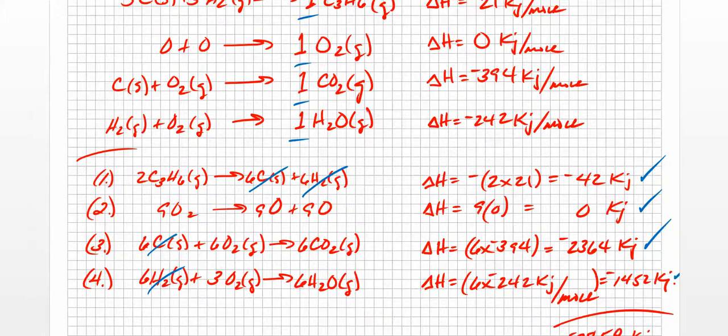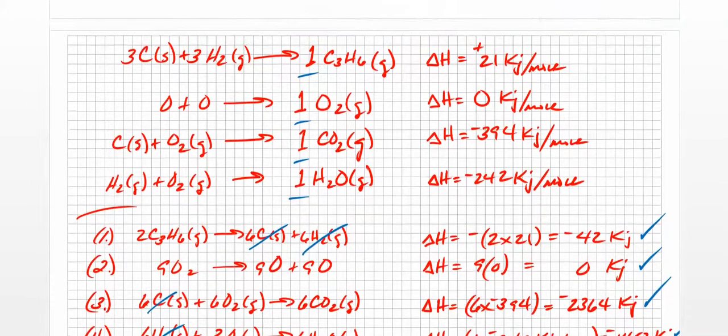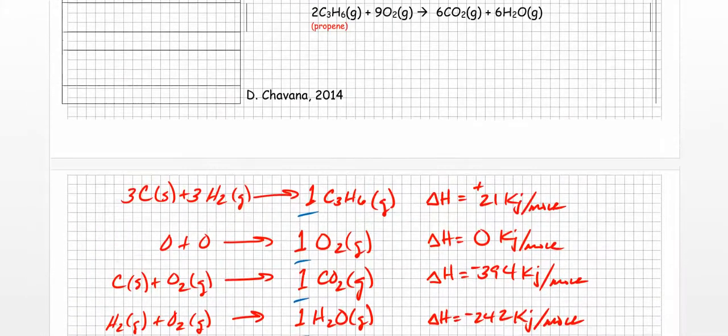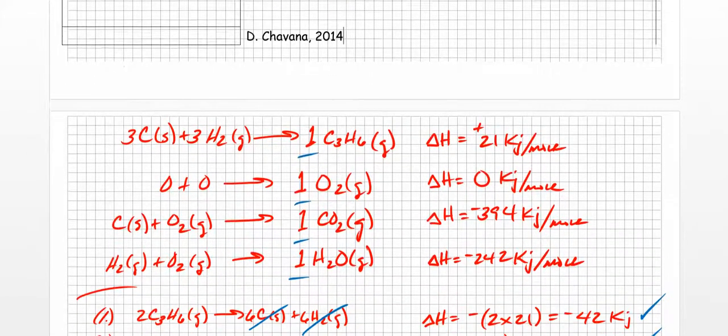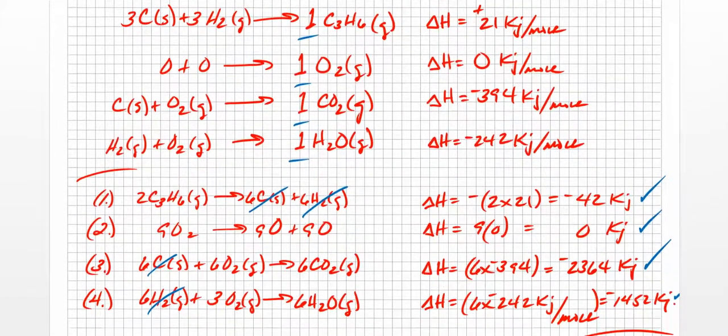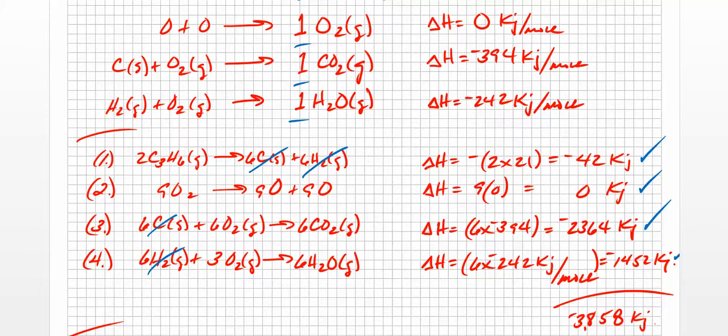Let's go back up to the equation and see what else we do need. On the left-hand side, we're going to need 9 O2s. Where do we get them? Well, notice that I'm going to take these oxygens and these oxygens, and I'm going to get rid of these and this and this, leaving me with 9 oxygens on the left-hand side.